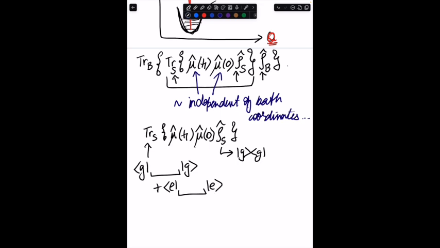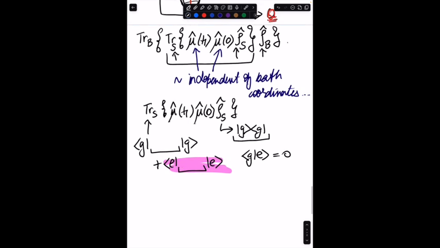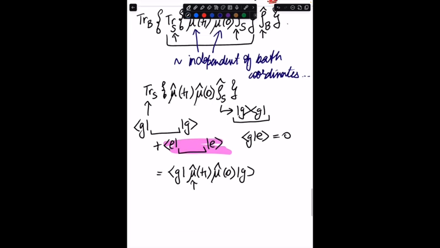And then since you have the |g><g| here, this term would vanish owing to the orthogonality of the two states. So the only term that is left is <g| mu t1 mu 0 |g>. And again, this is written in an interaction picture.